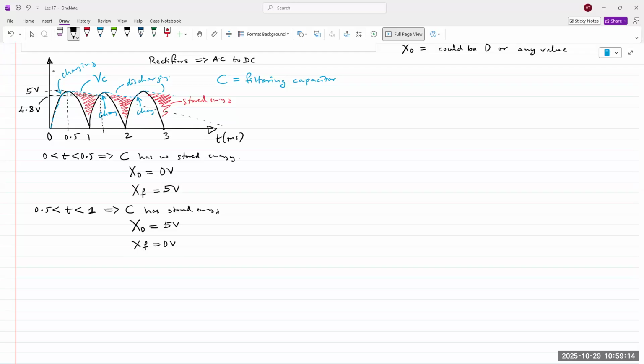It gets interrupted and it starts charging again. And for that portion, let's call this, I don't know, 1.4 to 1.5, my capacitor has stored energy.